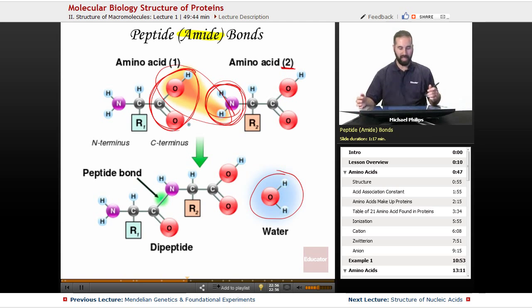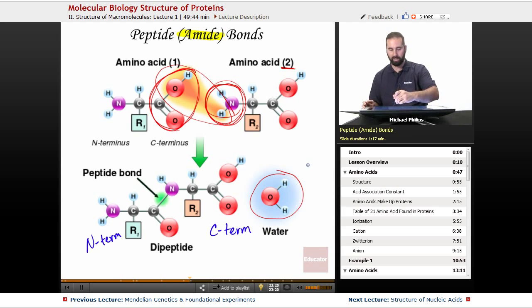And so in this case, if we have this peptide bond forming, or amide bond, between two different amino acids, we would call this amino acid the N-terminal amino acid, and we would call this amino acid the C-terminal amino acid. And you would always add the next amino acid to the C-terminal. All right? So this one will always be the N-terminal amino acid. We'll talk about other instances where we can lose those amino acids.